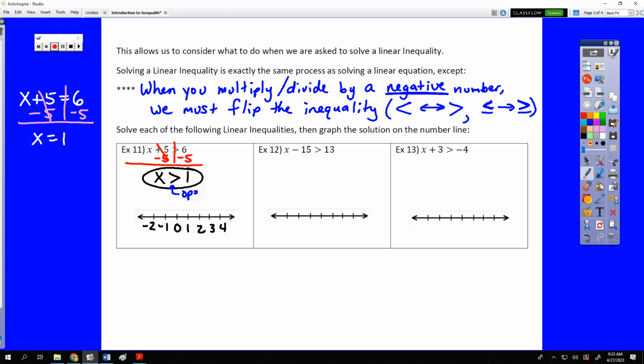That is an open circle at 1. And which way do we shade? To the right. Very good. Okay? So it's just us combining that last skill with solving equations, which we've done a lot. So our answer is x is greater than 1 and the graphed number line. Both are required in order to consider the problem complete.